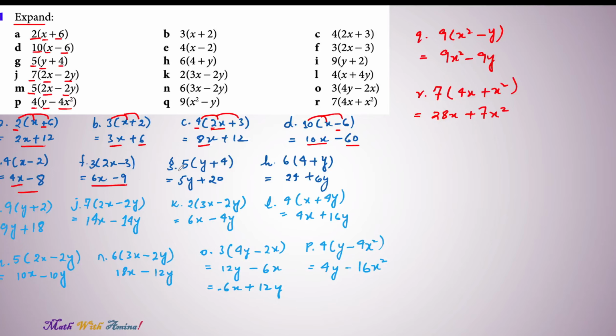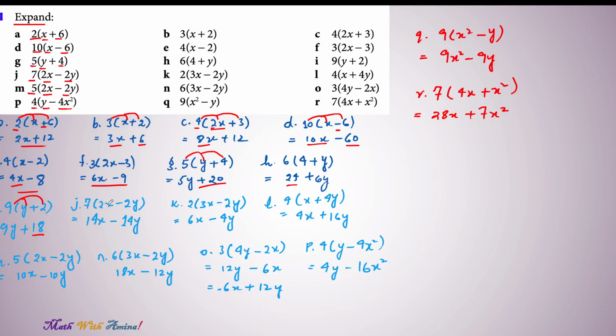So 6x minus 9 is our final expanded expression. 5 multiplied by y is equal to 5y. 5 multiplied by plus 4 is equal to plus 20. 6 multiplied by 4 is equal to 24. 6 multiplied by plus y is equal to 6y. 9 multiplied by y is equal to 9y, and 9 multiplied by plus 2 is equal to 18. So 9y plus 18 is our final answer.